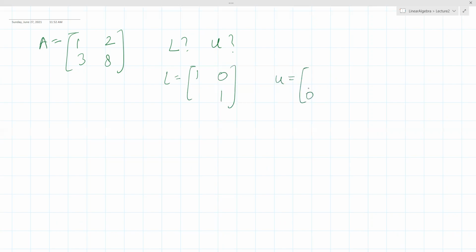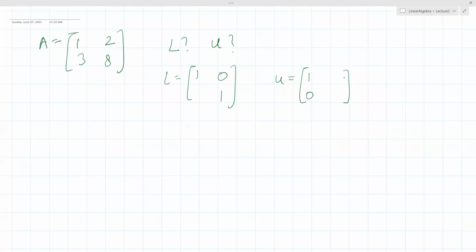We'll have a 0 over here, and then we'll have to fill out these 3 elements. So let us look at how we start. What is the first pivot? It's going to be 1. The first row does not change.